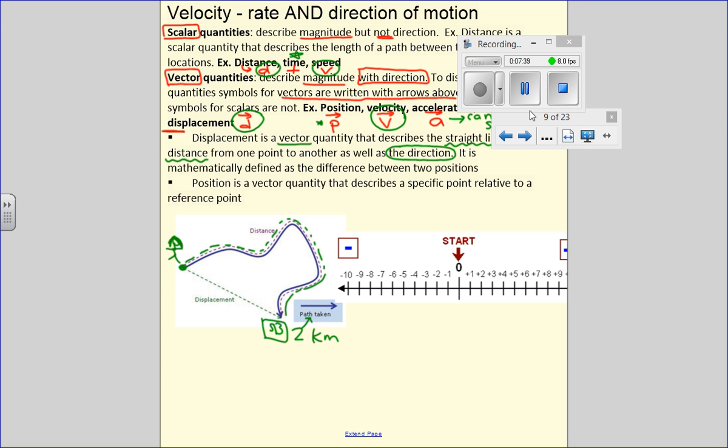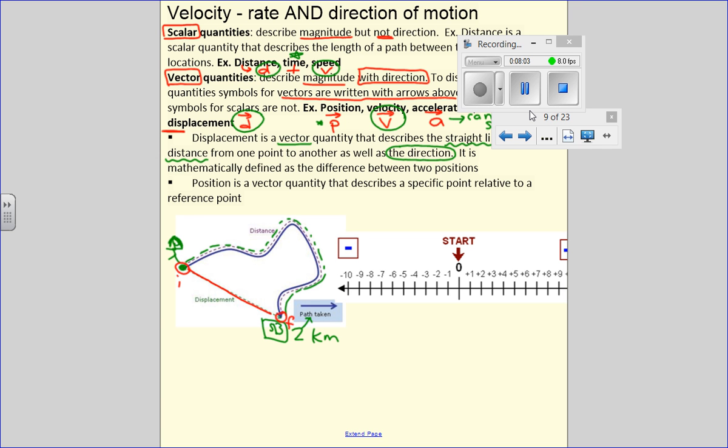If I could have walked through people's houses and made a perfect straight line, I could have gotten there in much less distance. So displacement in this case would be where I compared my initial point and my final point and how far they were away from each other if I drew a direct straight line.